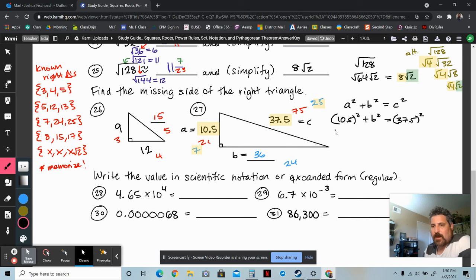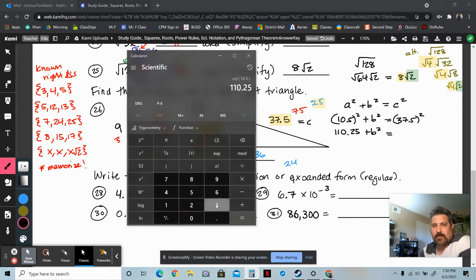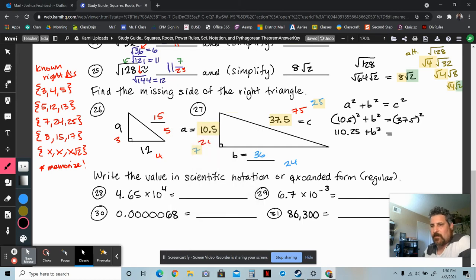There we go. 110.25 plus b squared is equal to 37.5 to the second power, which is 1406.25. And then what you're going to do here is you're going to just solve.